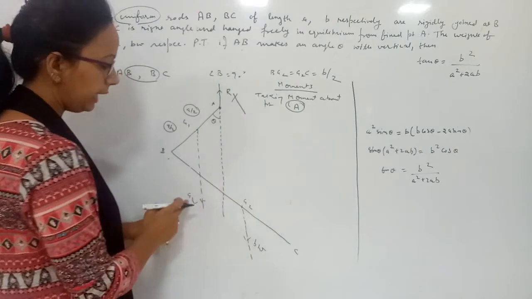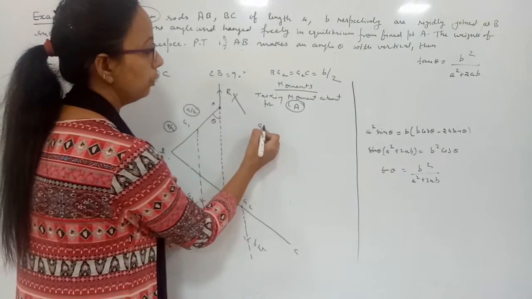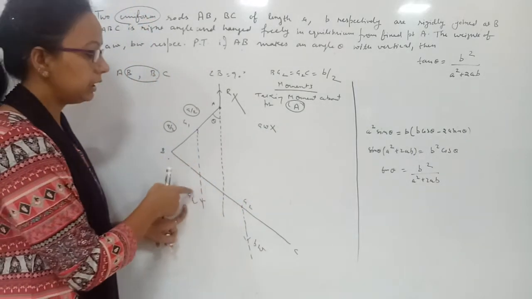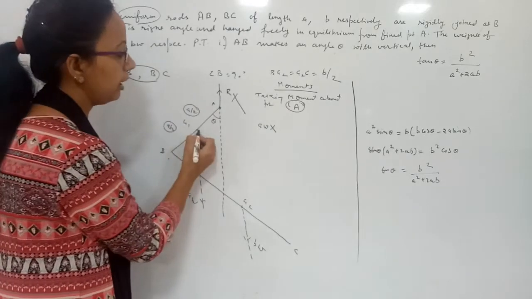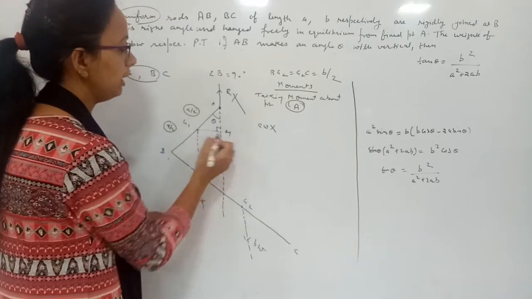Now what is the moment of AW about A? For that, force multiplied by its perpendicular distance from the point. What is the perpendicular distance of AW from this point A? For that, here I am drawing a perpendicular, say G1M.